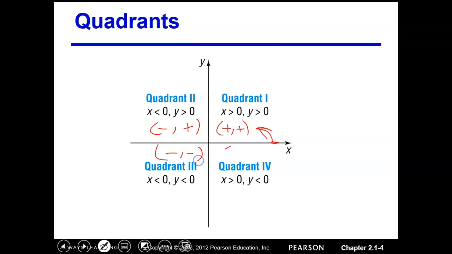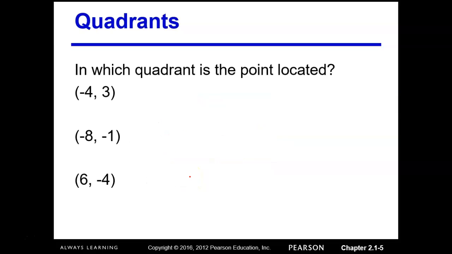And in quadrant 4, x is positive and y is negative. So y is negative below the x-axis and positive above the x-axis. X is positive on the right side of the y-axis, which is quadrants 1 and 4, and negative on the left side of y, which is quadrants 2 and 3. So keep those in mind. You can identify which quadrant a point is in by looking at their signs.